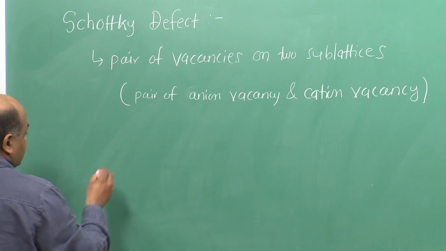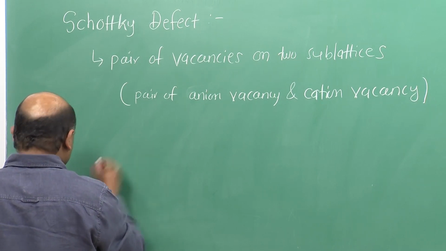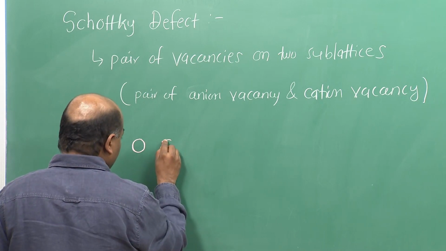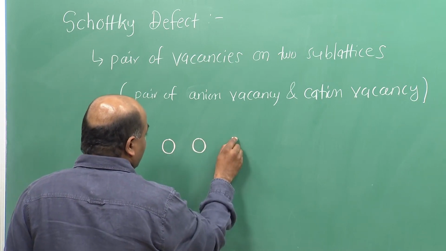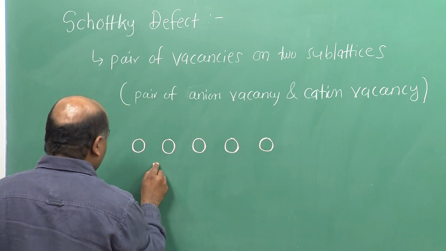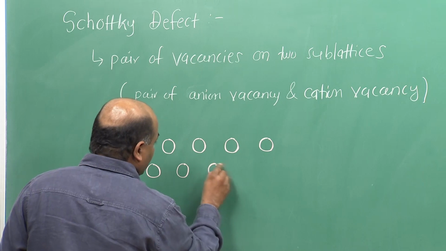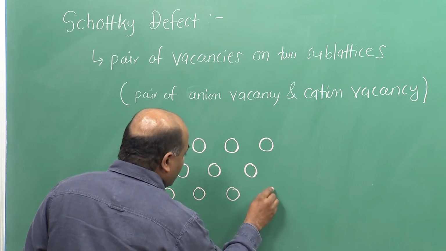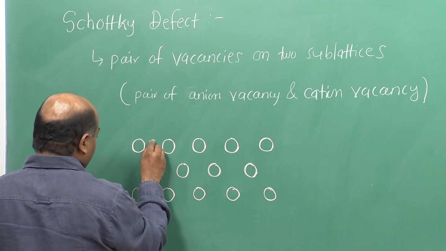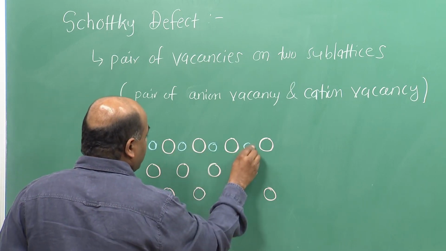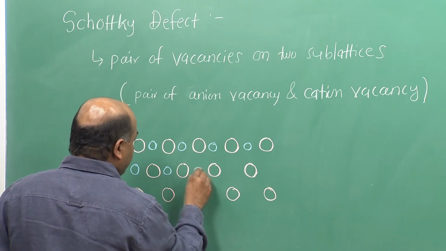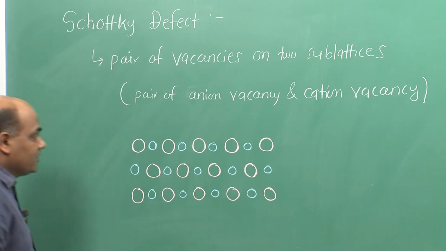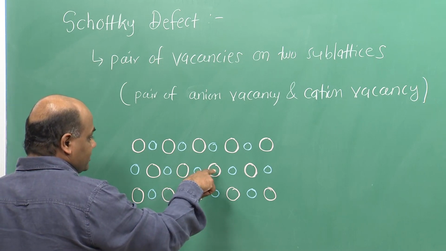So, if you consider an ordered structure, so blue atoms are type A, the red atoms are type B.